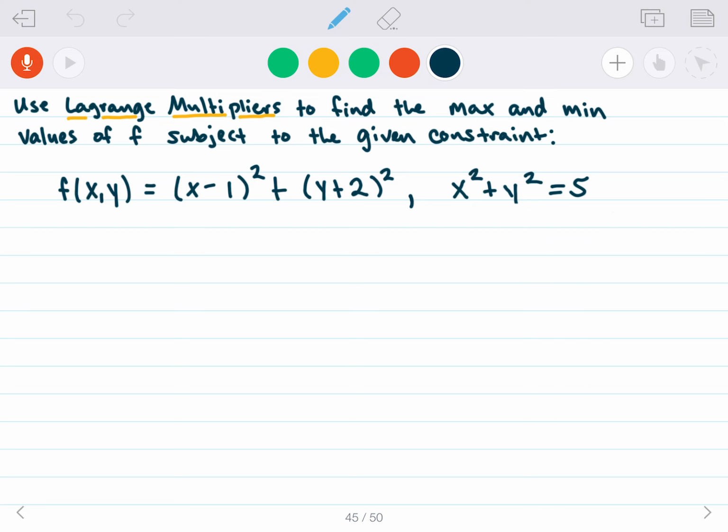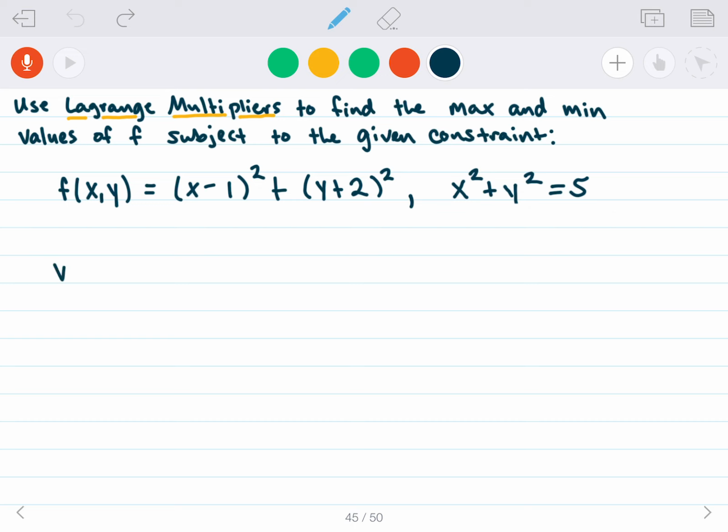Alright, let's try this one. So our surface looks like a circle centered at 1, -2. And our constraint is also a circle centered at the origin with radius √5. So let's go ahead and set up our gradient equations.